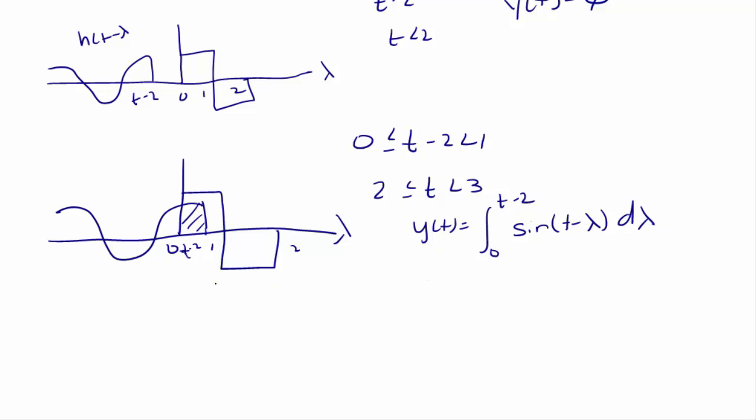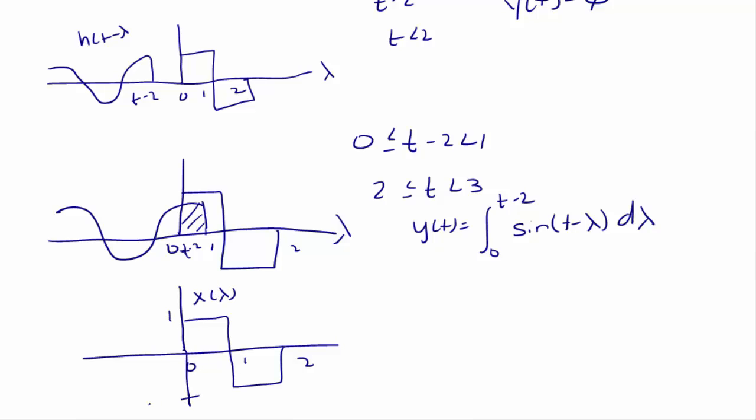d lambda. Our next region will be when t minus 2 is between 1 and 2. So first I sketch x of lambda. Then I sketch h of t minus lambda. And here is t minus 2 between 1 and 2.